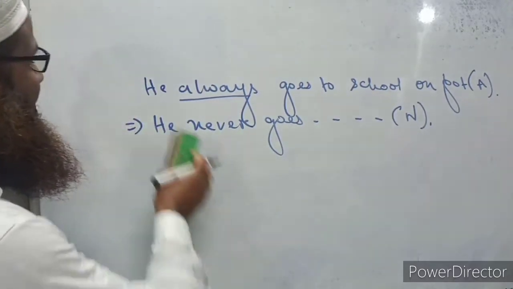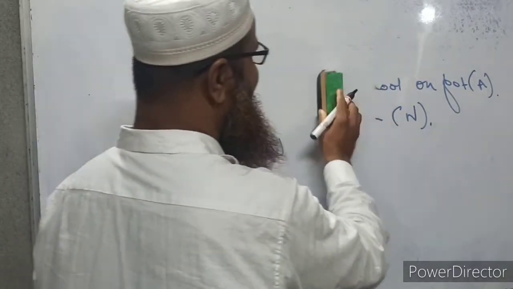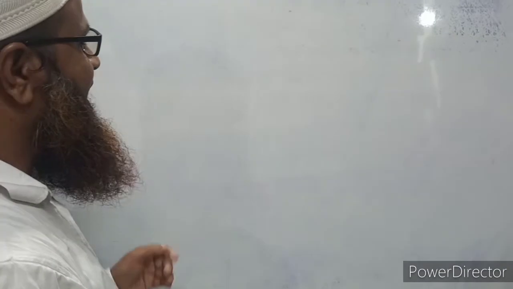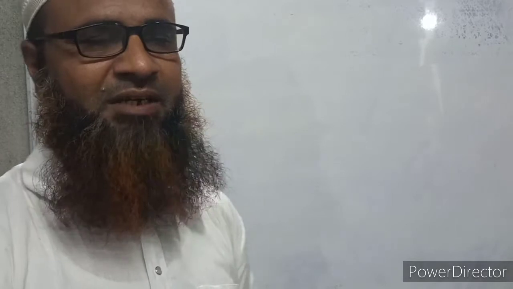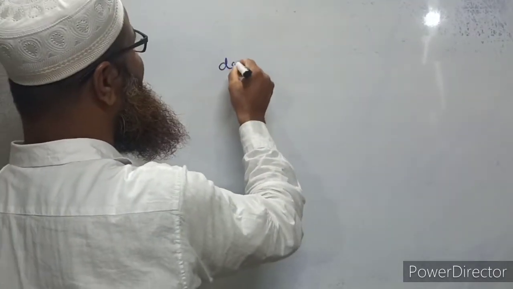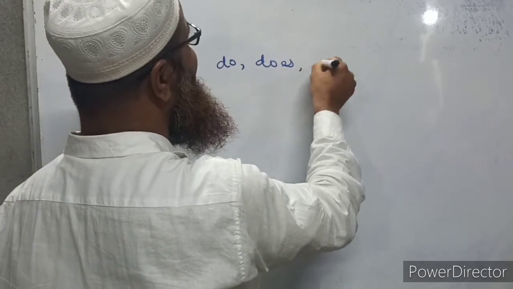Now we will discuss the negative sentences which should be done only with the help of a do verb. When there is not an auxiliary verb in a sentence, we must make it negative with the help of a do verb. That means do, does, did.